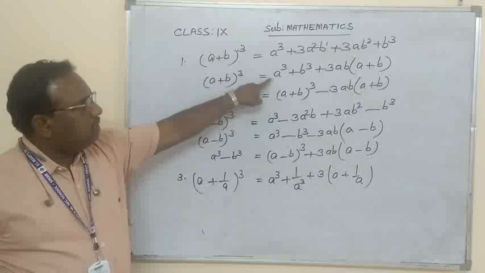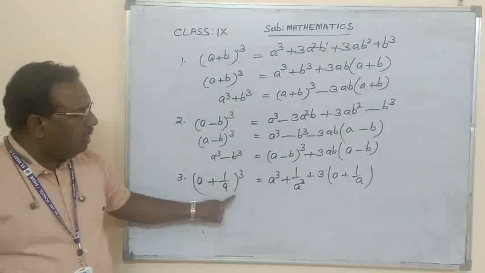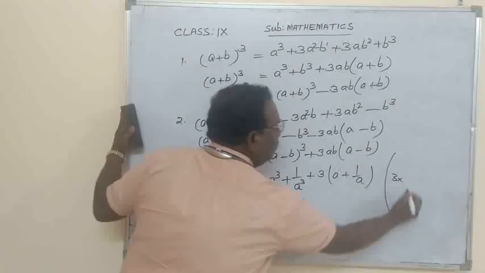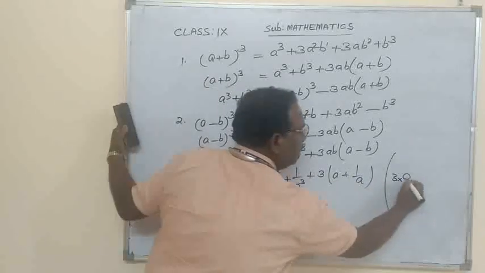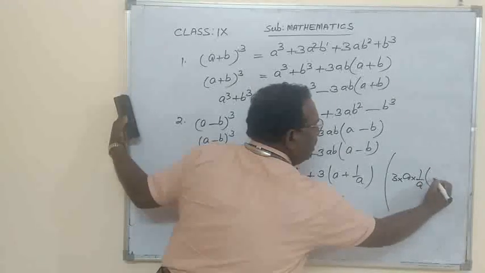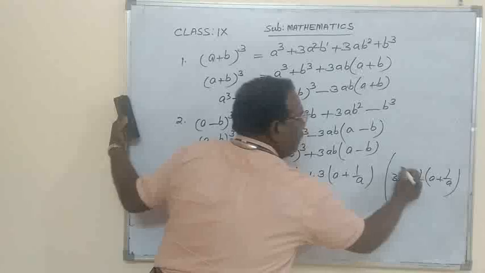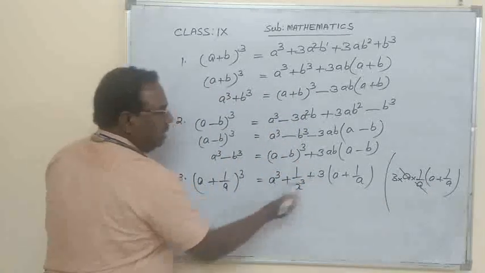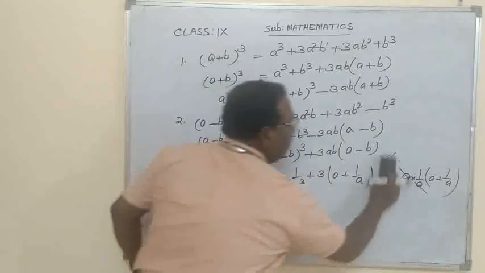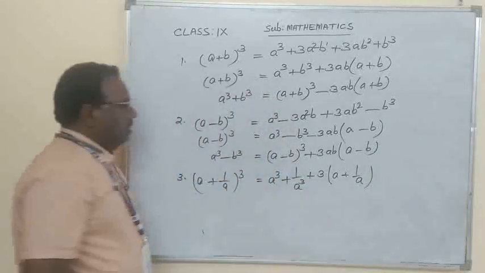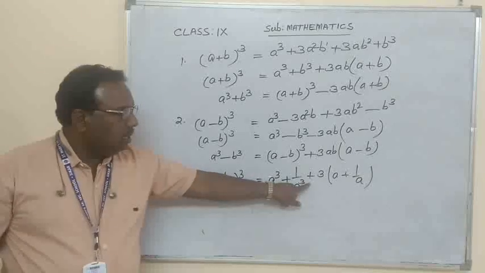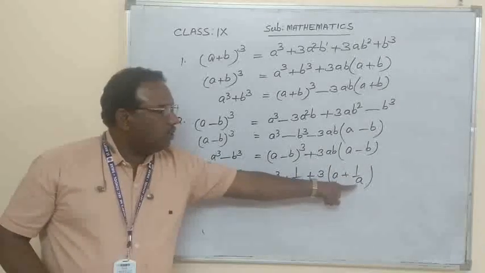Using this result, if we expand (a plus 1 by a), actually we are getting this term 3 into first term a into 1 by a into (a plus 1 by a). After cancelling this a and a, we get 3. That is, (a plus 1 by a) whole cube is equal to a cube plus 1 by a cube plus 3 into (a plus 1 by a).